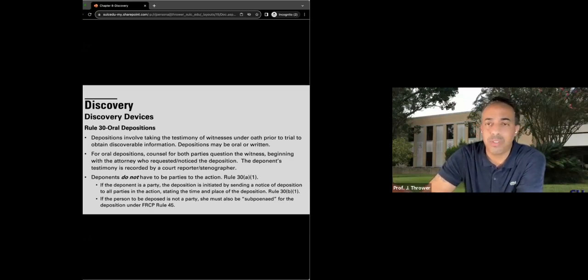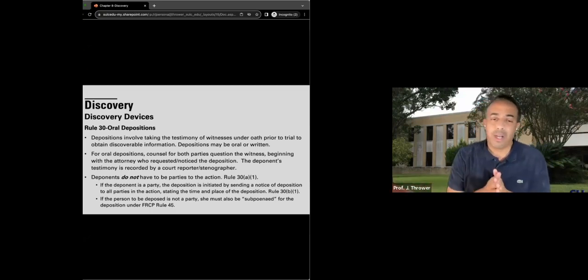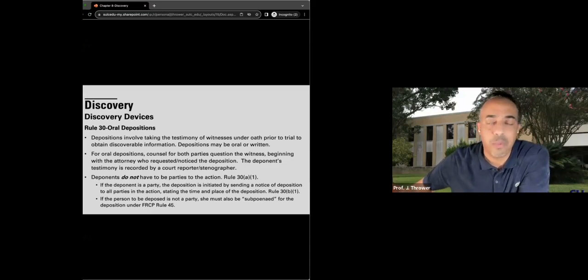The questioning begins with the attorney who requested or noticed the deposition, followed by the defending counsel, if you will, or other parties in their line of questioning. For oral depositions, the deponent's testimony is recorded by a court reporter or a stenographer the same way that testimony is recorded during trial.